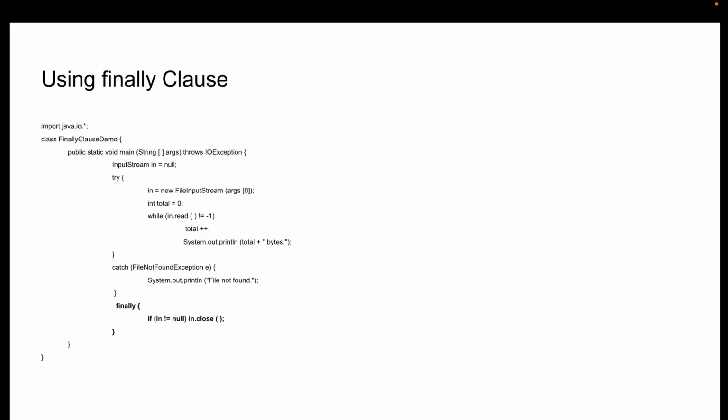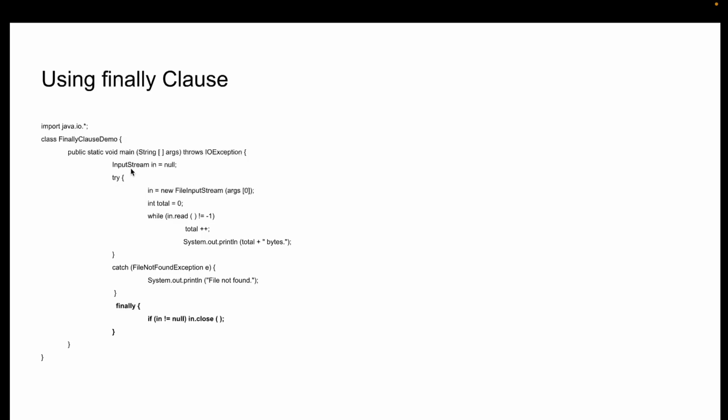Input stream is a class where you read through a file. An output stream is a class in Java that helps you to write contents in a file. Input stream helps you to read contents from a file. Output stream helps you to write contents in a file. So basically we are trying to read through the contents of a file.